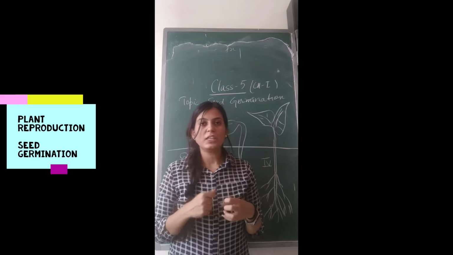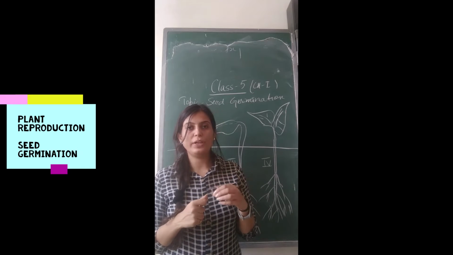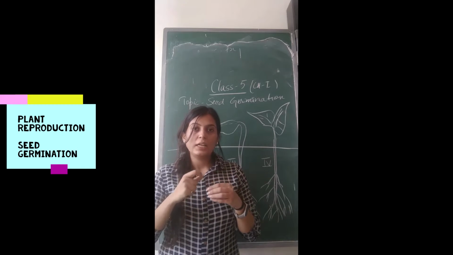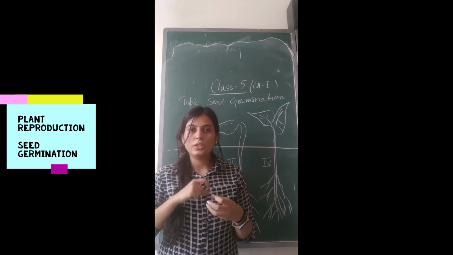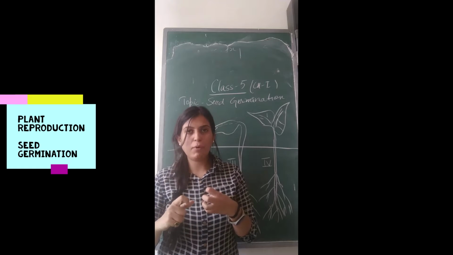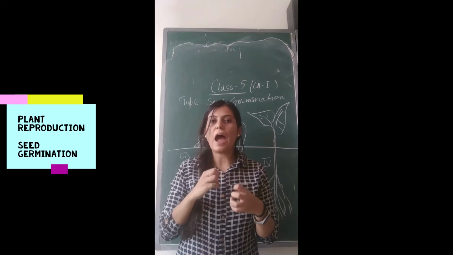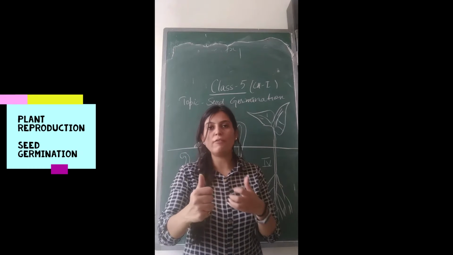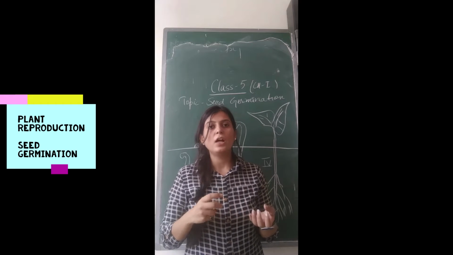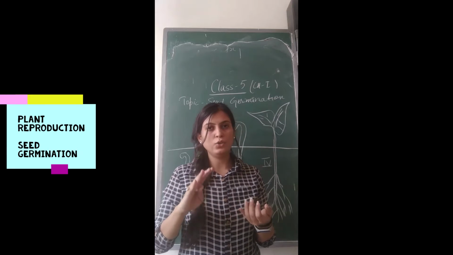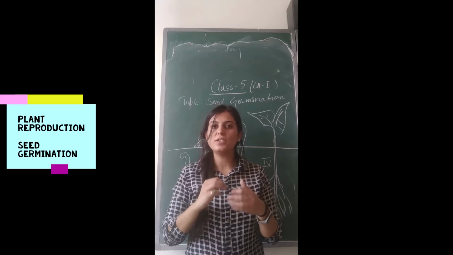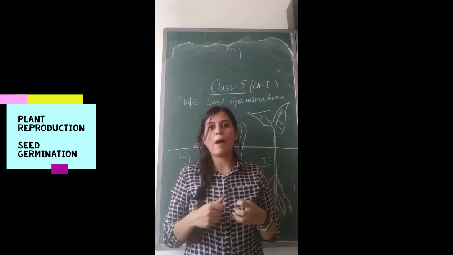Seed germination is the process by which the seed grows into the plant with the help of the essential conditions required. You have all seen seeds, right? The pulses that you use in your daily life are seeds.